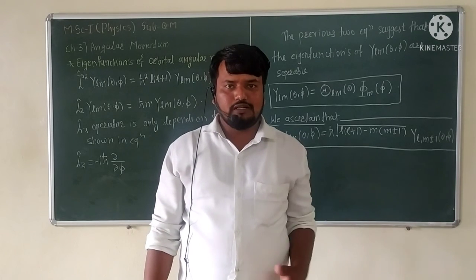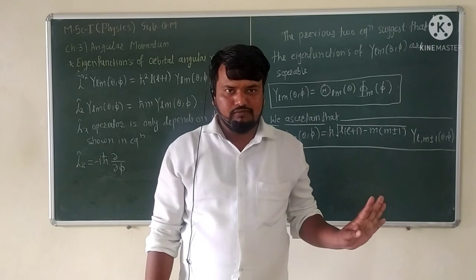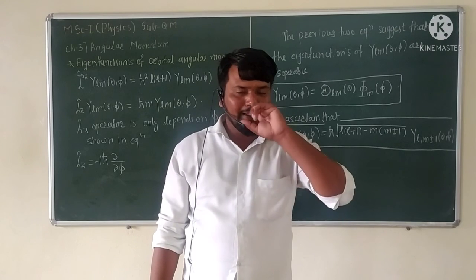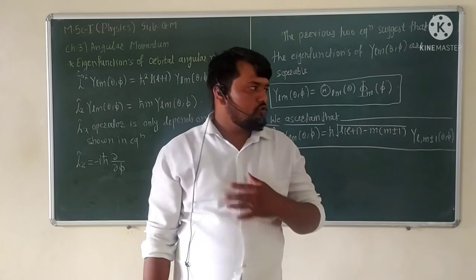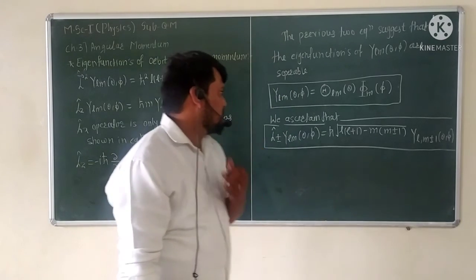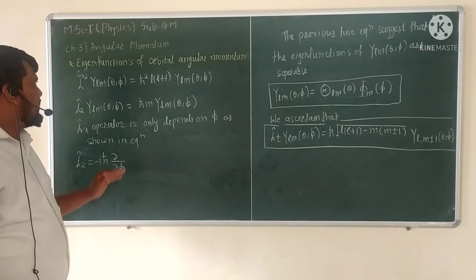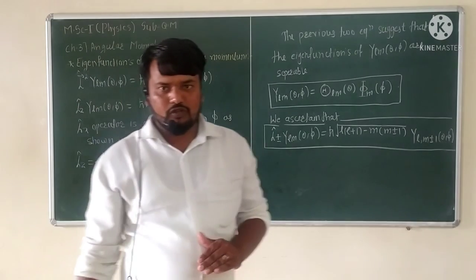These operators can be rewritten in the spherical coordinate system. Lz is minus i h cross dou by dou phi, and similarly the L square operator and L plus or minus operators are in terms of the spherical coordinate system. So these are the eigenfunctions of orbital angular momentum.